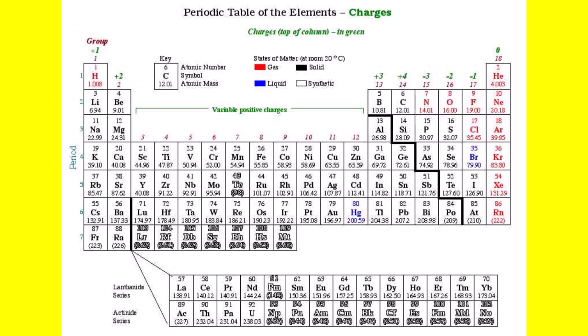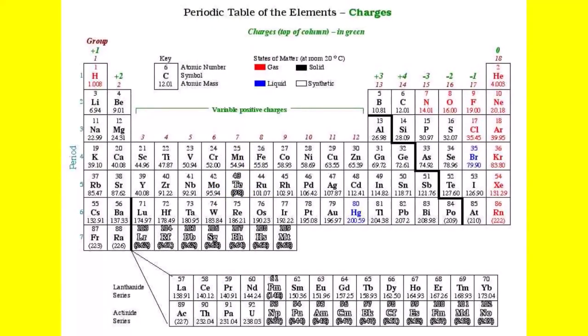Now let us talk more about this atomic number. Like I said, atomic number tells us many things about the element. Like for example, hydrogen has atomic number 1, and also this atomic number tells us the element number.